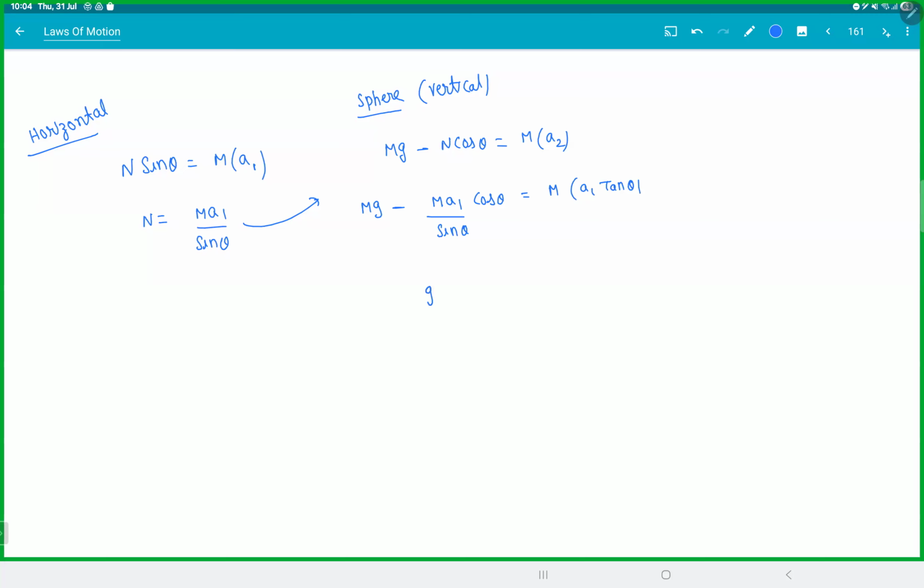M gets cancelled everywhere. We get a1 tan theta plus cot theta. You can simplify this or you can leave it like this. Once you got a1, you'll get a2 also.